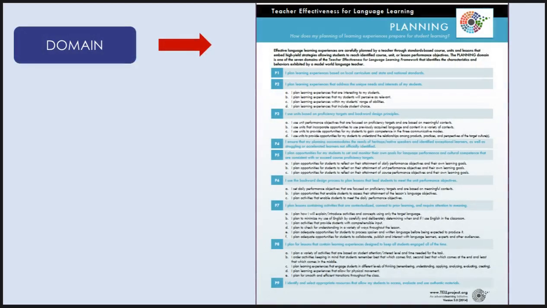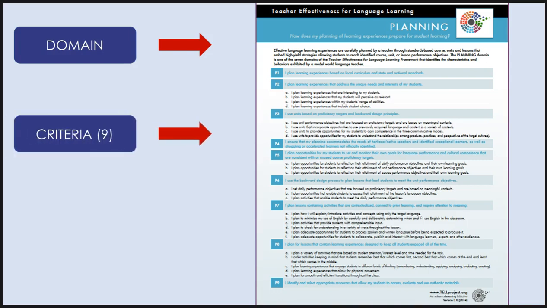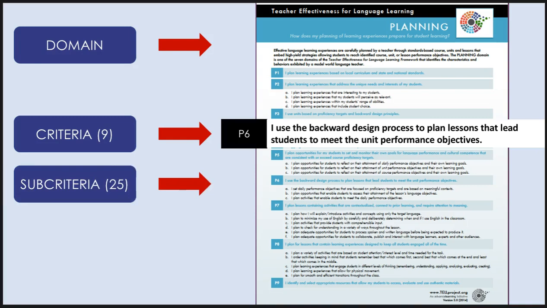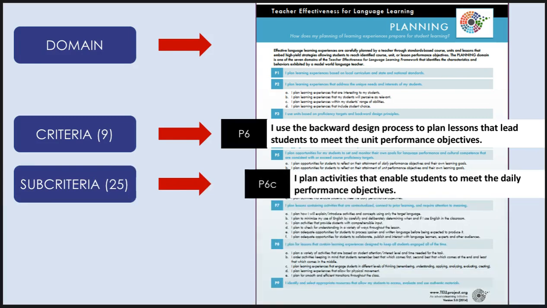Let's look closely at the domain of planning. There are 9 criteria in this domain and 25 sub-criteria. The criteria P6, I use the backward design process to plan lessons that lead students to meet unit performance objectives, is supported by a sub-criteria P6C, I plan activities that enable students to meet the daily performance objectives.